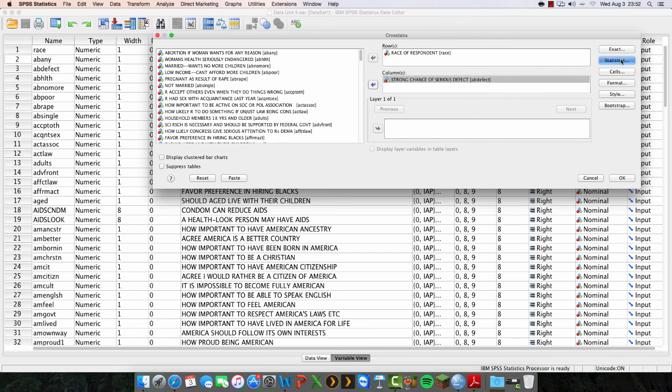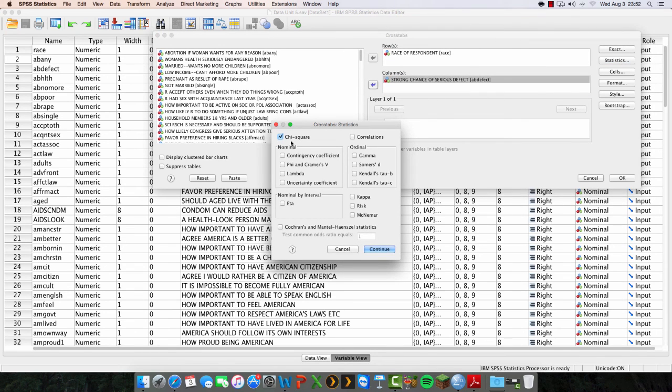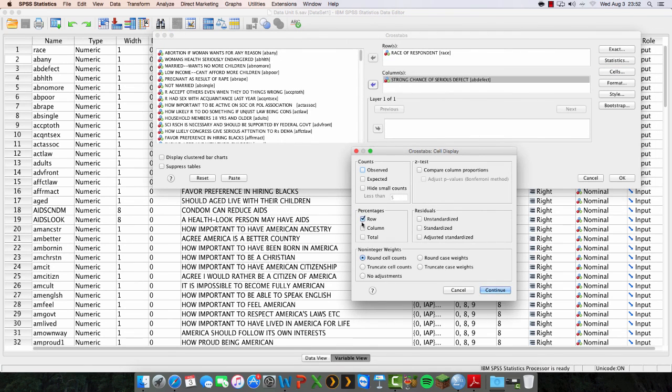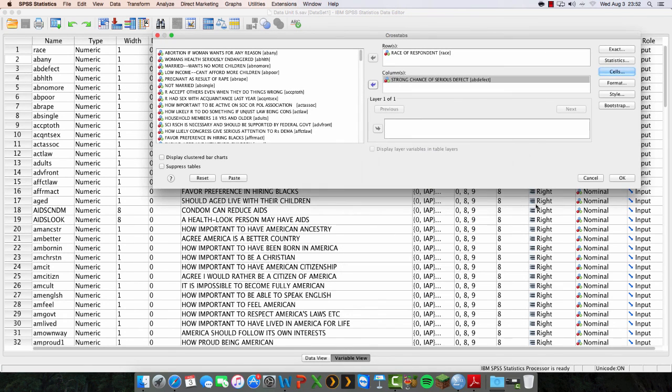We can look back here, we'll still see that chi-square is checked, as in cells are the row percentages. Hitting OK again. What do we get?